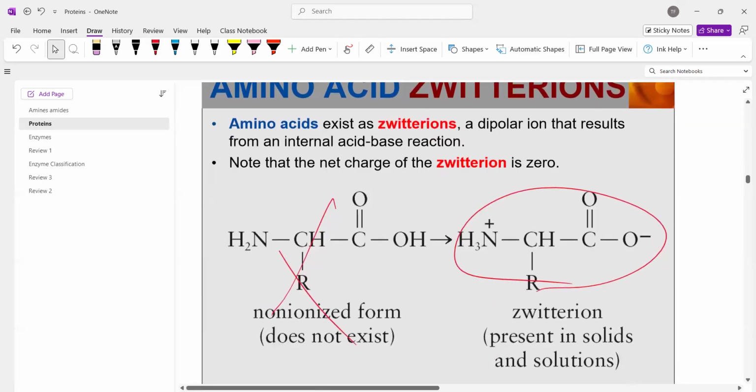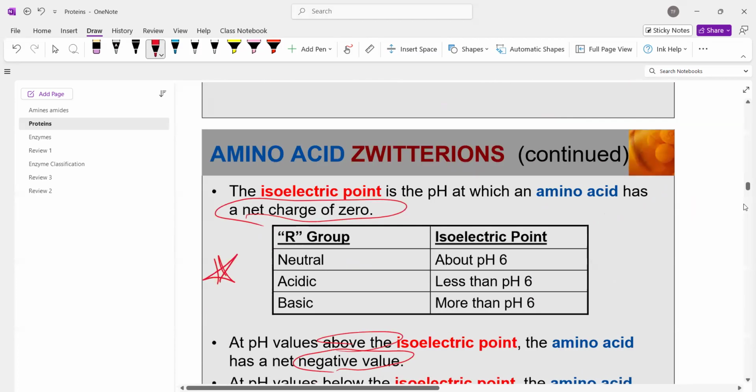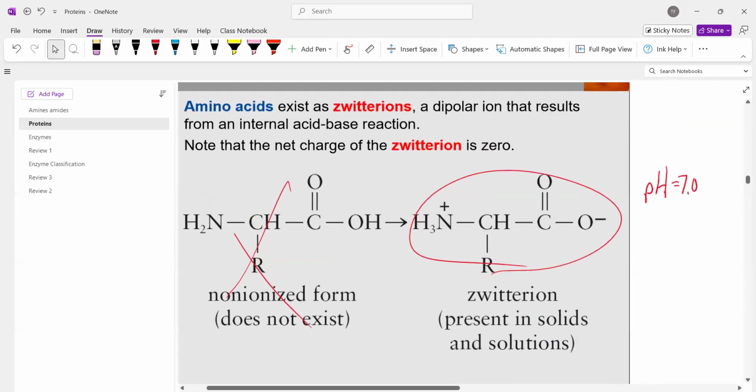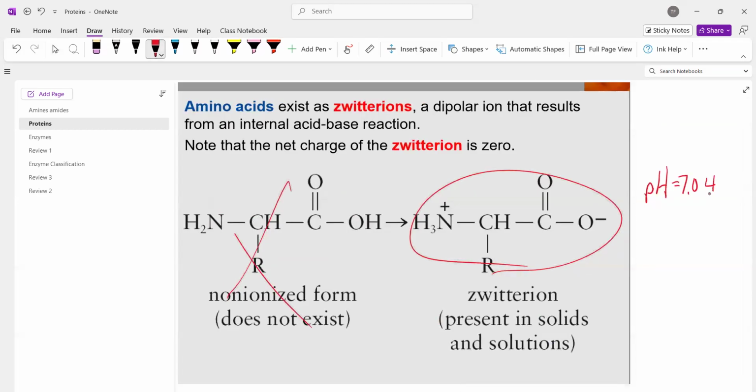Now, at physiological pH, our natural pH, except for our stomach and some other places, in general, our pH is almost neutral, but it borders on the alkaline side. Because of that, in all amino acids, the H goes over there.